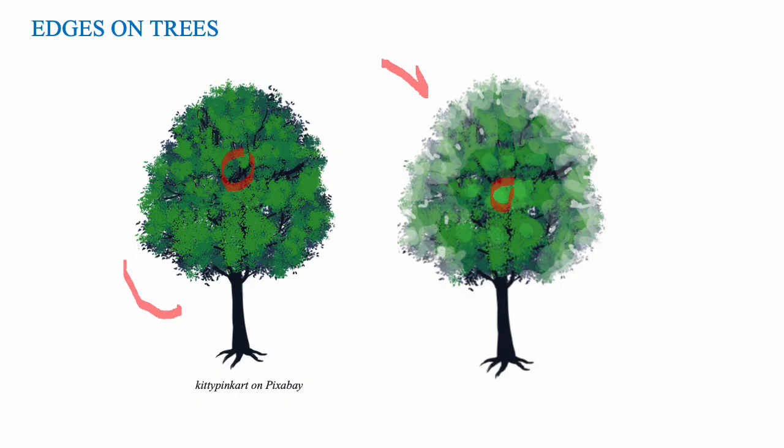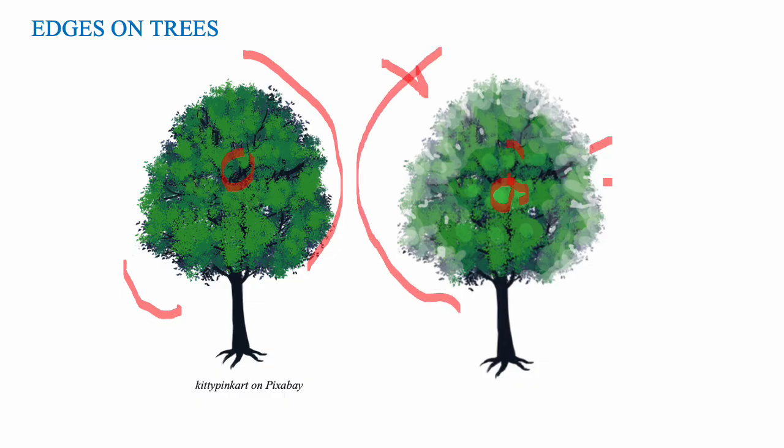In other words, I used all the aspects of atmospheric perspective here to make the tree look three-dimensional. That means more color saturation in the front and more bluing on the sides, more value contrasts in the front than on the sides. And I also gave the tree some sky holes so the tree doesn't look like a solid mass, but rather made up of light feathery leaves.